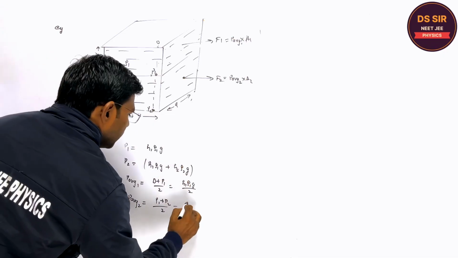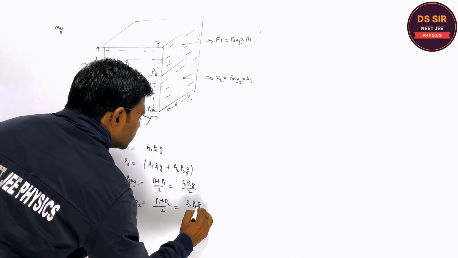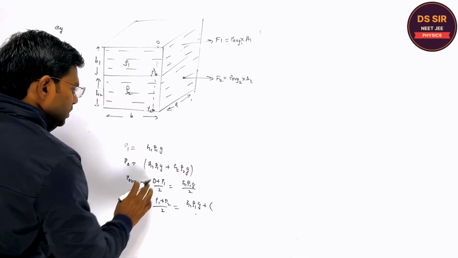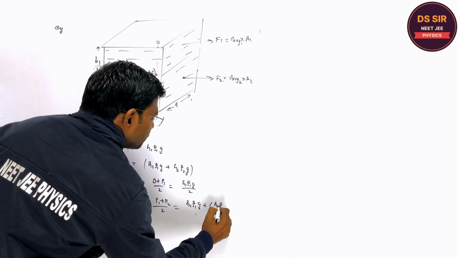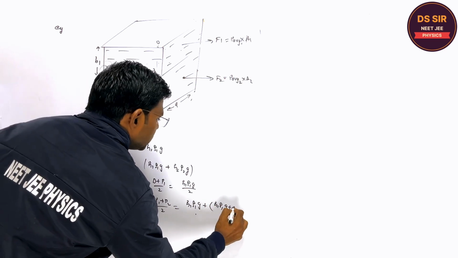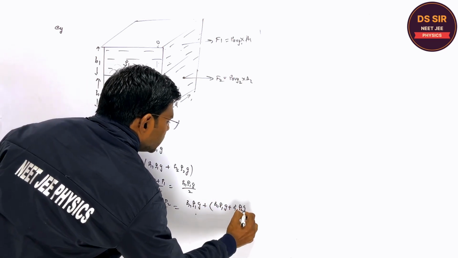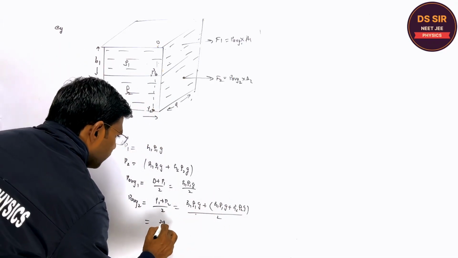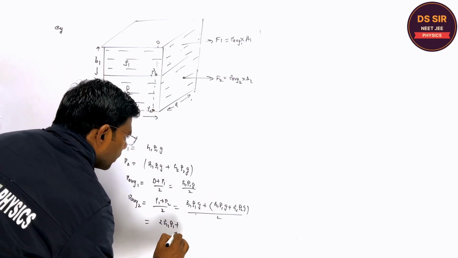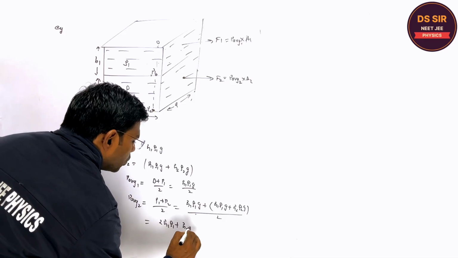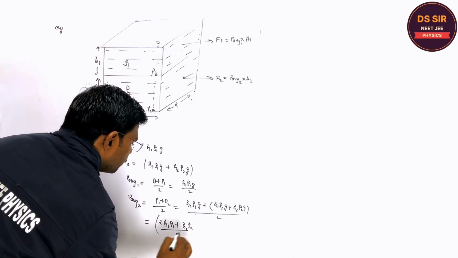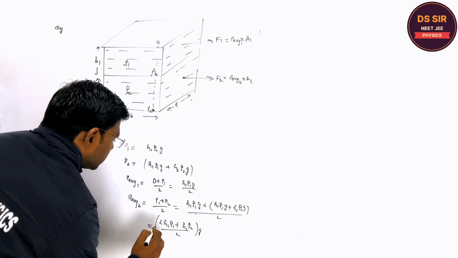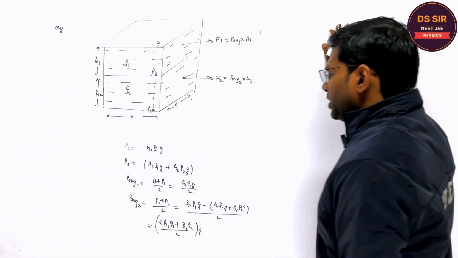Right, and this is the P1, H1 rho 1 g, plus what is the P2? H1 rho 1 g plus H2 rho 2 g, divided by 2. Now it will be correct. It will be (2 H1 rho 1 plus H2 rho 2) divided by 2, into g. This is the average pressure, right?